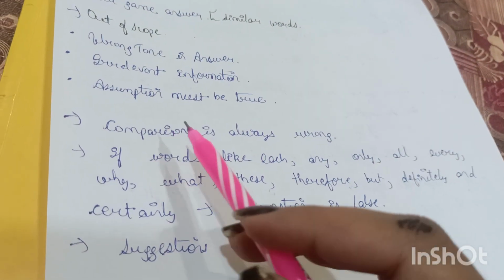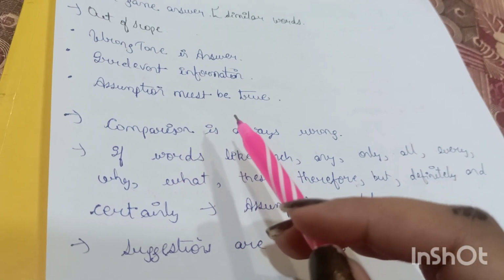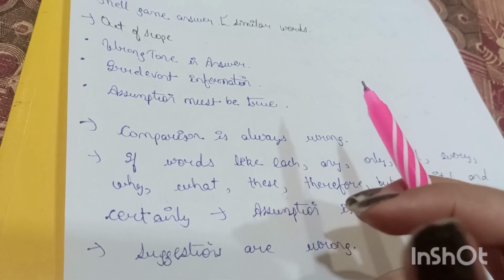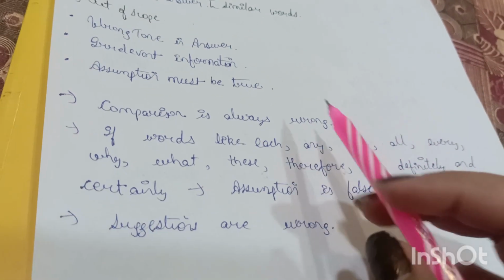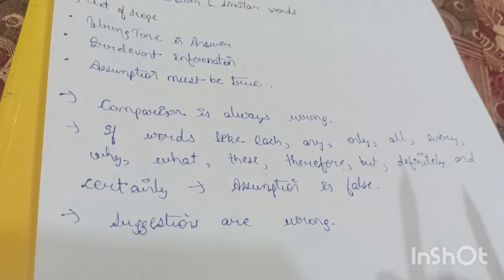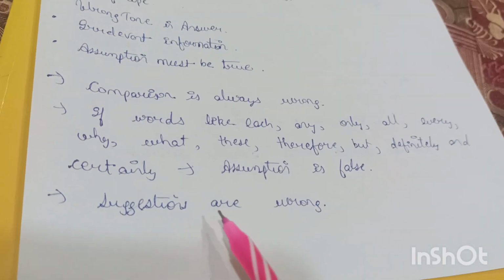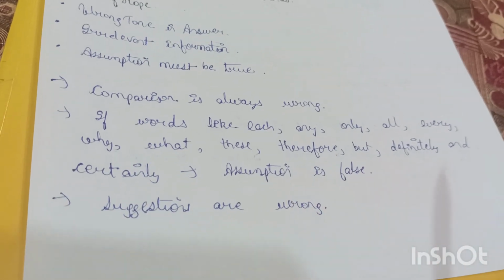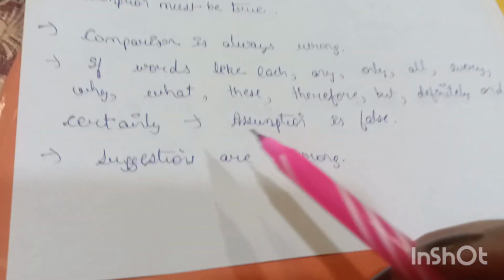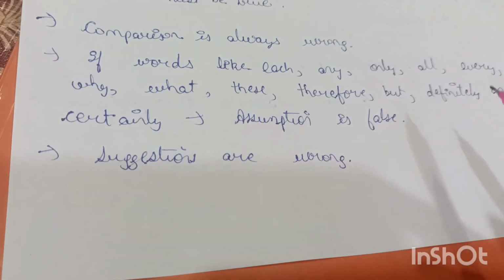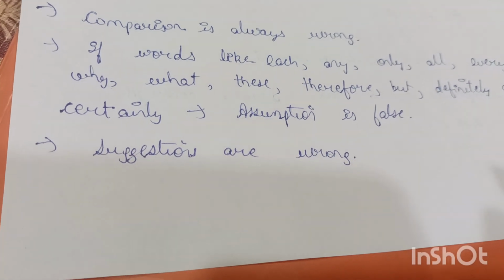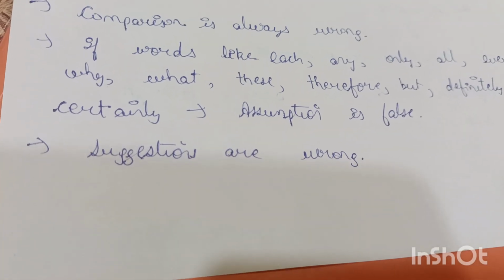If the option is comparing two things, then that will be wrong. And if words like each and these are mentioned, then the assumption is false. And if some suggestion or advice is given in the option, then that option has to be considered wrong.